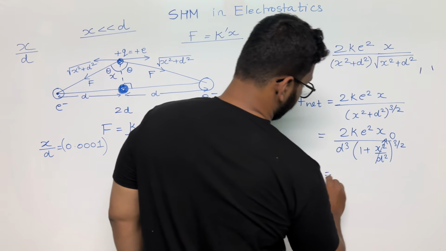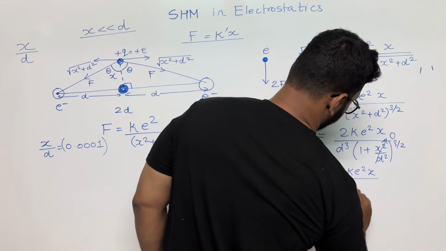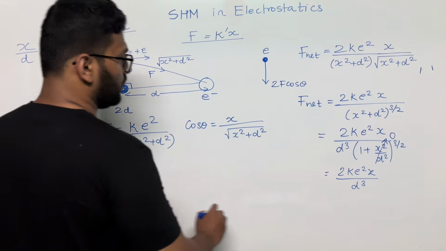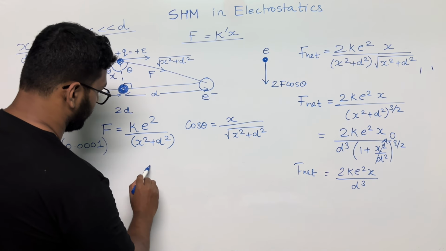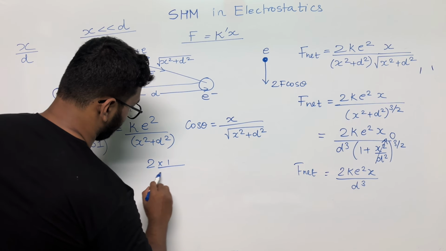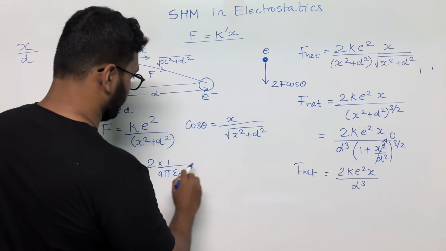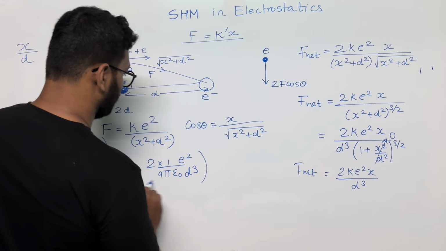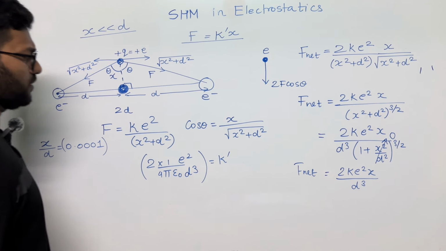So here it will be 2k e square x by d cube. Now we can put the value of k. So this is F net. If I put the value of k, it will be 2 into 1 upon 4 pi epsilon naught, e square divided by d cube. This is the value of k dash, which is the spring constant, you can say.